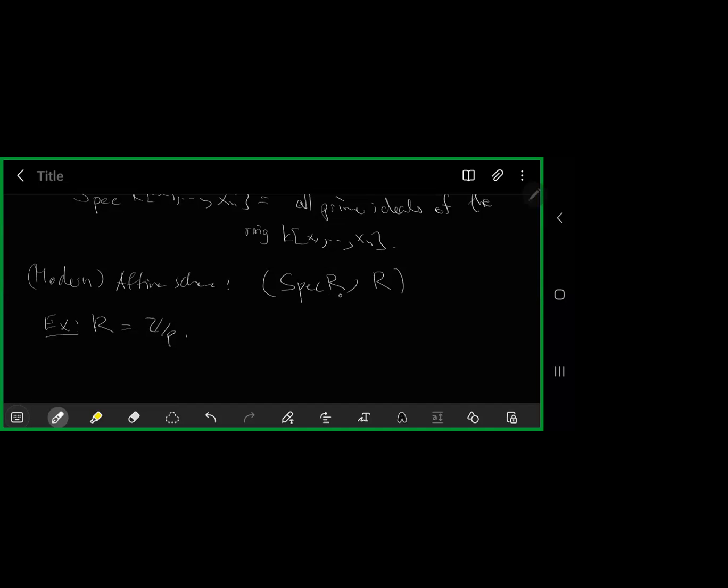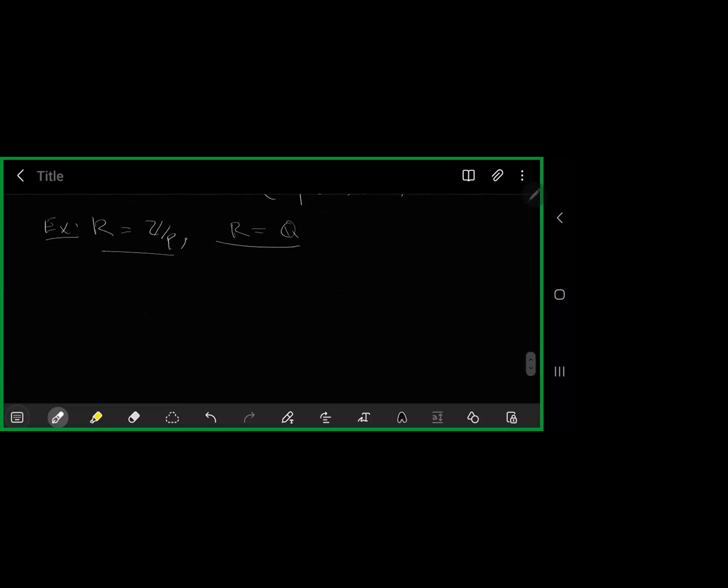It is a point, but it's also remembering the field as well. Another case would be R equals Q. That's also a field. It has only one prime ideal, 0. But the functions on this and the functions on this are very different. So even though topologically they look just as one point, they're very different as a scheme.